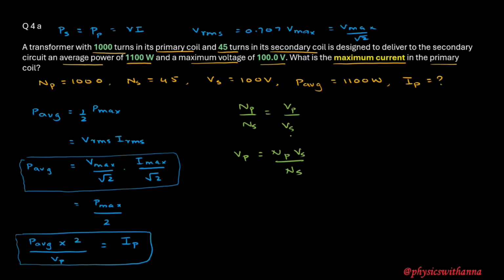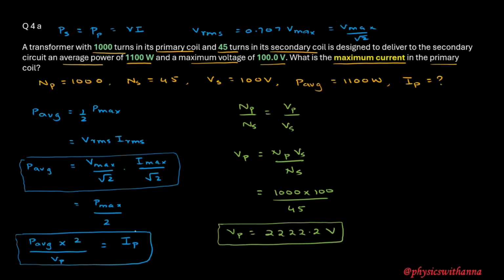You can also use shift solve here to find Vp. Np is 1000, Vs is 100, Ns is 45. That gives me Vp to be equal to 2222.2 volt. Now let's use this to find the maximum current across primary.